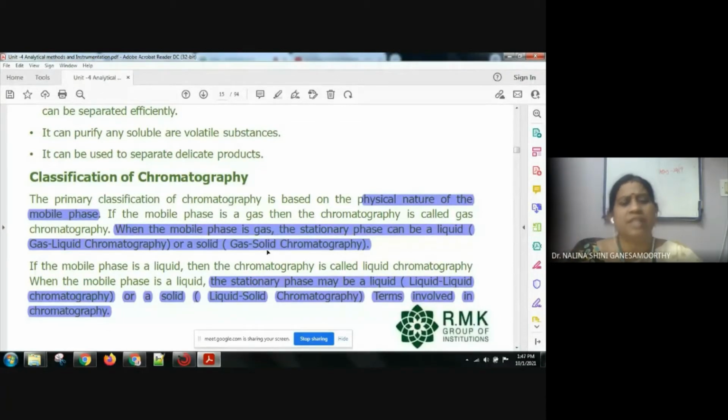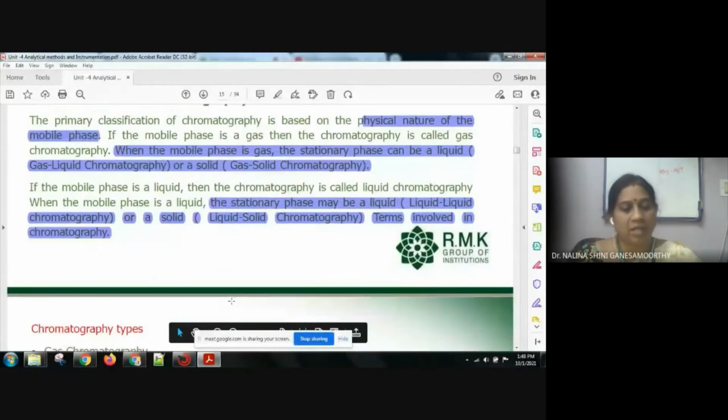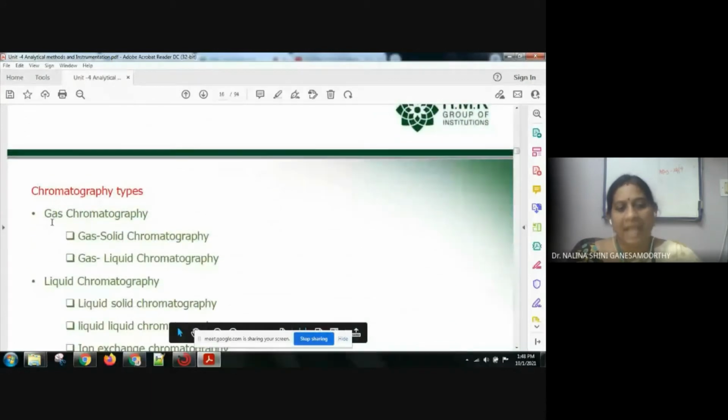A stationary phase can be liquid or solid, okay, and the mobile phase can be gas or liquid. So similarly, if the mobile phase is a liquid, it is liquid chromatography. If the stationary phase is solid, it is liquid solid; if liquid, liquid liquid. So in the types of chromatography, we classify based on the mobile phase.